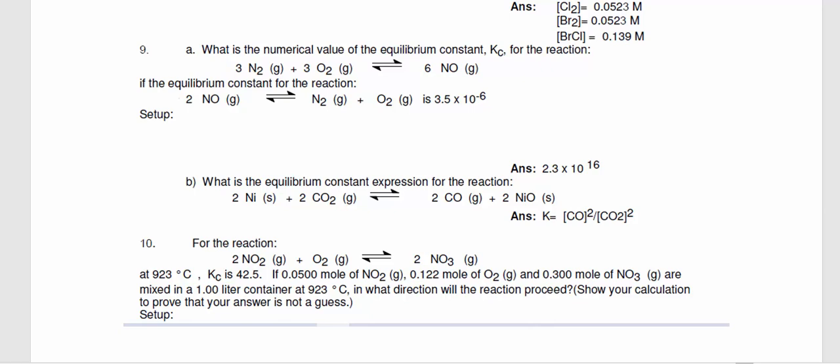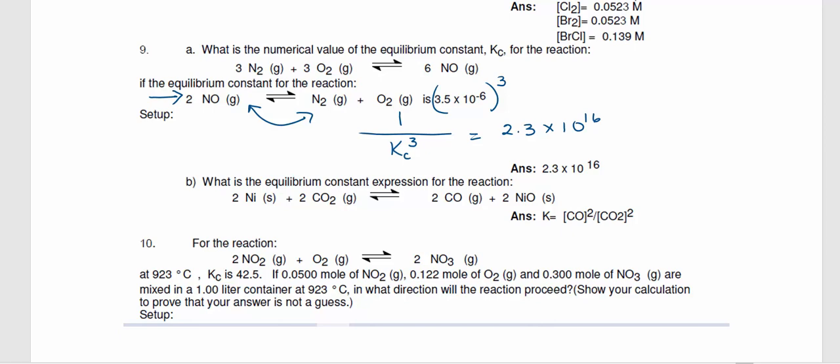So initially, if I multiply this one by 3, I'm raising my Kc value to the cubed power. But I also have it flip-flopped, and because I have it flip-flopped, I need to take the reciprocal. So I want to take the reciprocal of my Kc value cubed. And when I do that, I get a value of 2.3 times 10 to the 16th.